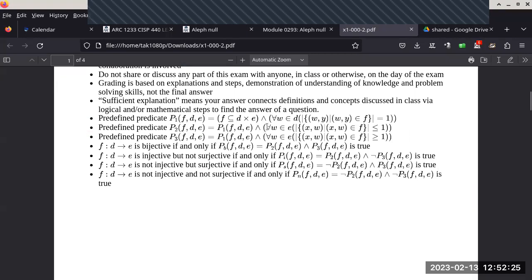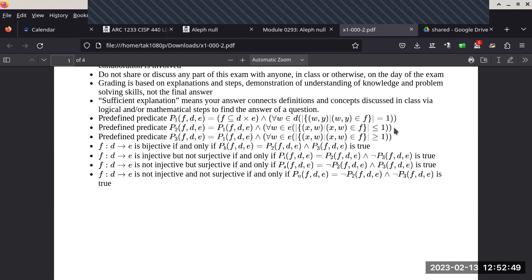This here is a quantified expression that turns out to be false. So now you have to tell me which element from the codomain, which W, is going to make this statement false. You just have to tell me one.